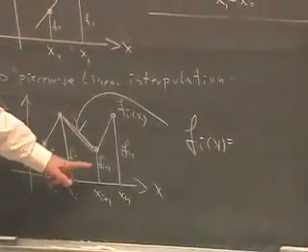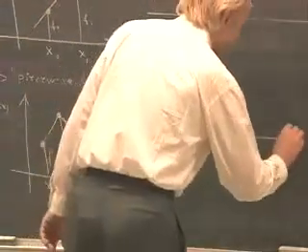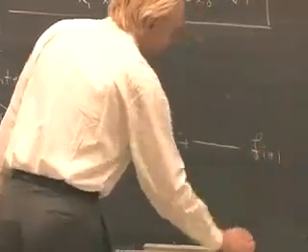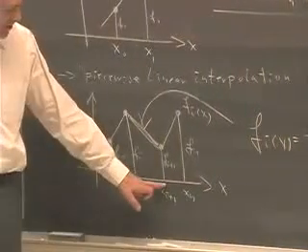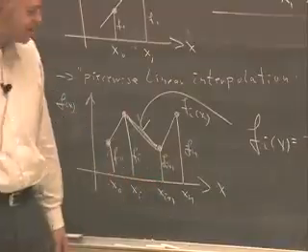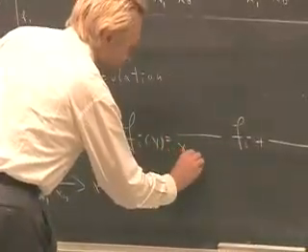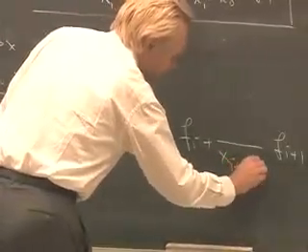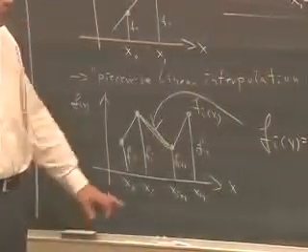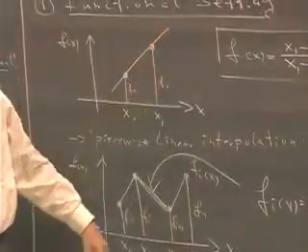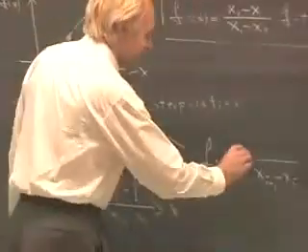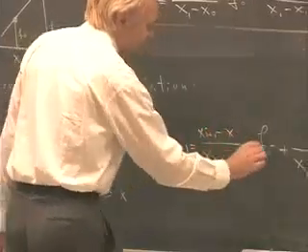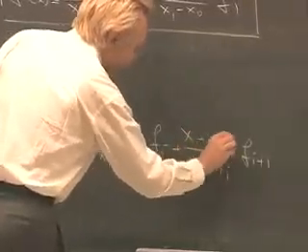So I just say fi of x is what? Well, it blends fi and fi plus 1. And then I have to divide or normalize by the length of this interval, xi plus 1 minus xi. And in the numerator, I play the same game as I played it here. So it is (xi plus 1 minus x) times fi, and here it is (x minus xi) times fi plus 1.